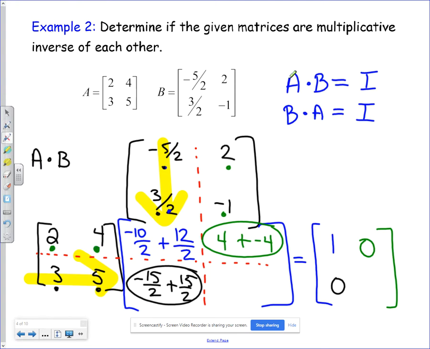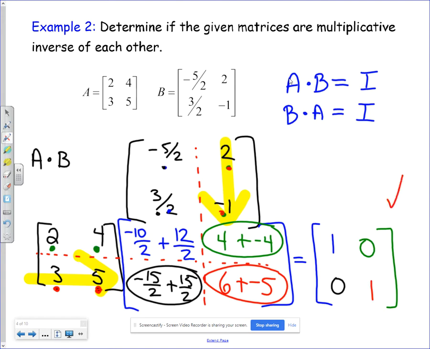So it's looking like they could be inverses, but I still gotta double check. I gotta make sure this last one turns out to be a 1. Okay? So 3 times 2, 6. 5 times negative 1, negative 5. 6 plus negative 5 is 1.